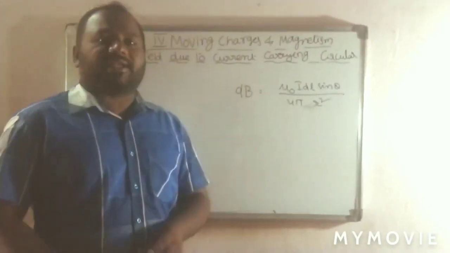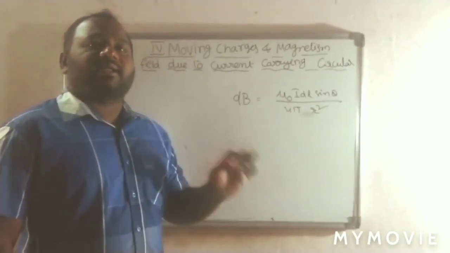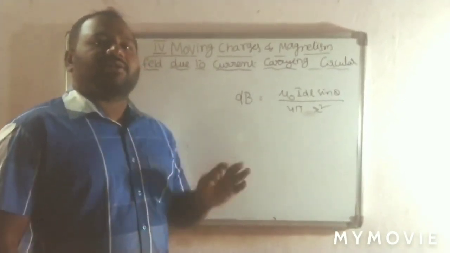So this is the magnetic field due to the current element, given by Biot-Savart's law.